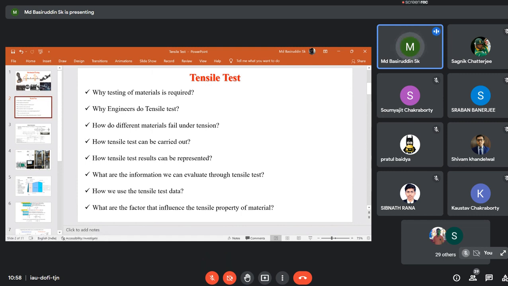But the problem is, if someone has prepared a dog bone shaped specimen, and from the same material someone has prepared another well-known shaped specimen, then in the two cases, will the results that you get be the same? The same material.